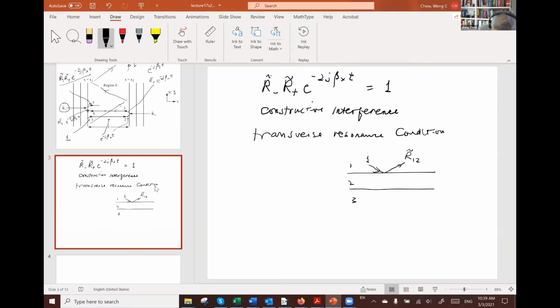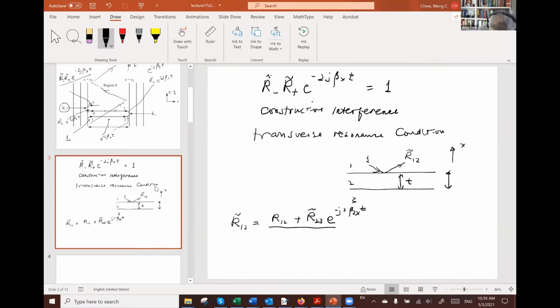R12 tilde is given by, I can write the long form: R12 plus R23 tilde e to the minus j 2 beta 2, let me call this x direction so as not to confuse you, so beta x, and then we can call this t, the thickness t.